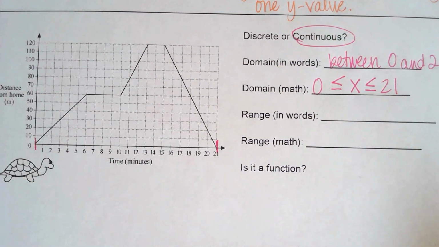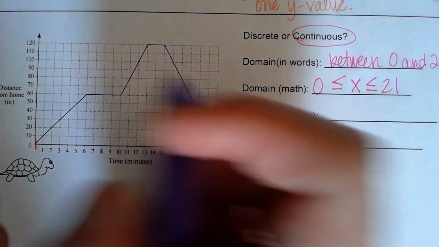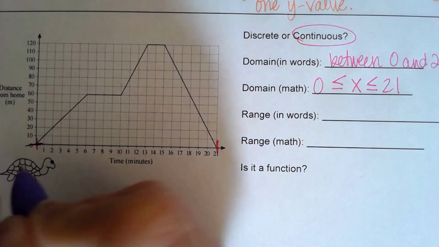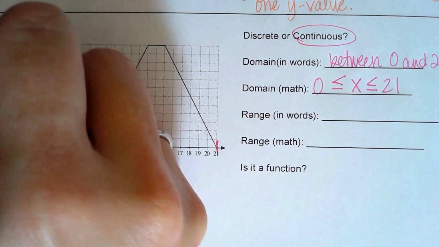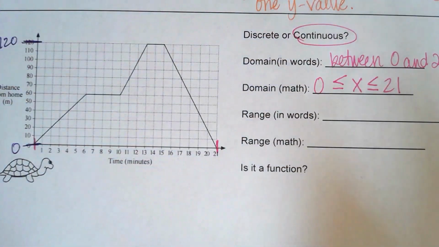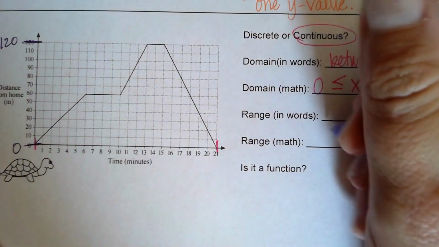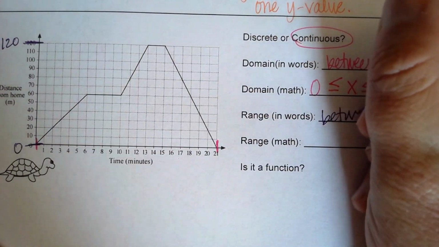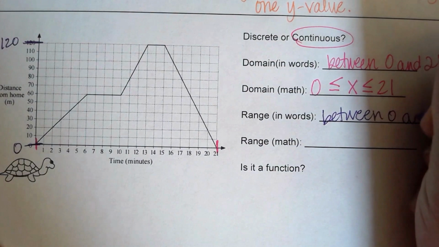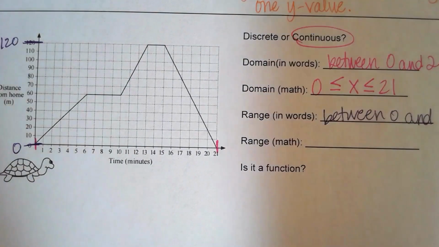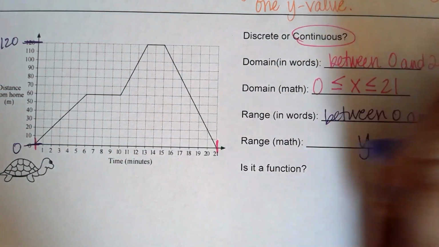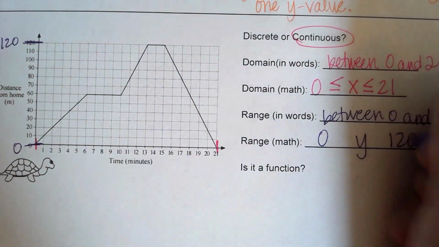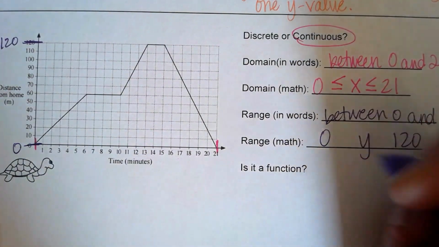My range or my y values, so my lowest looks like it's at 0, and then this is the tippy top of it, which was at 120. I just crossed it out trying to draw that. So in words, it's between 0 and 120. And so mathematically, the y is between 0 and 120.